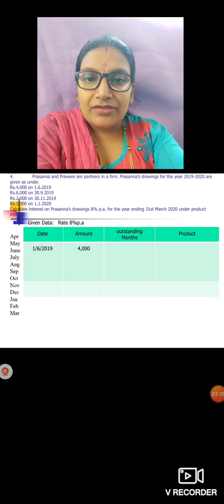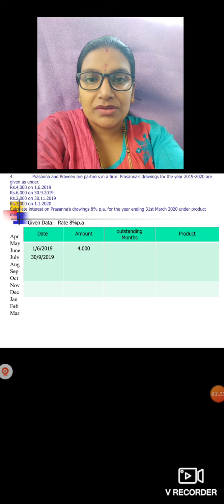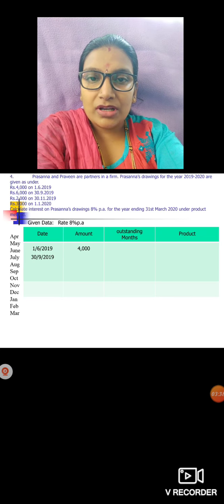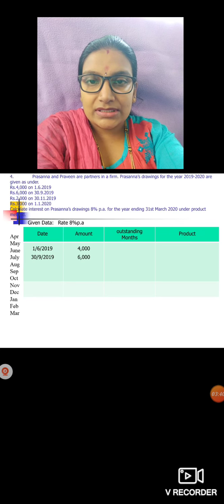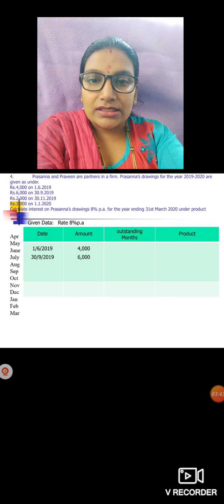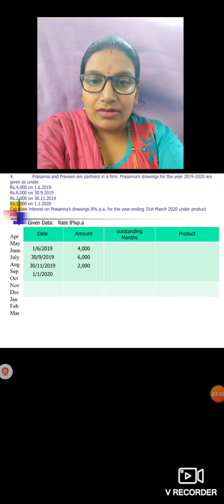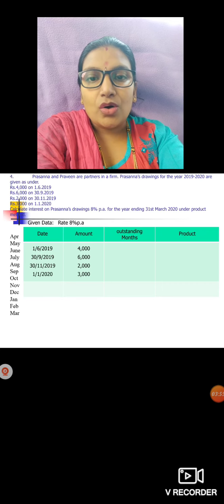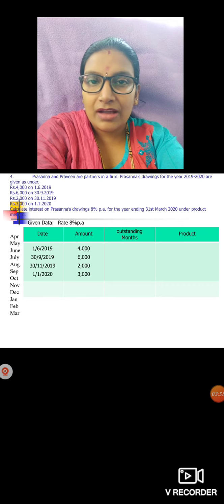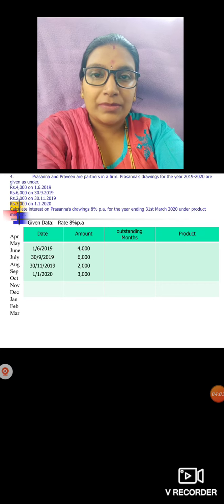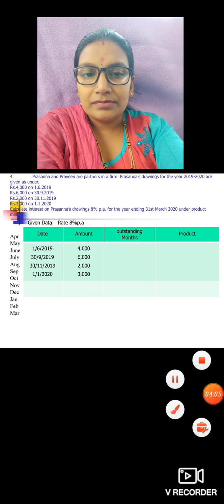Second withdrawal on 30/9/2019, rupees 6,000. Then on 30/11/2019, rupees 2,000. Then on 1/1/2020, rupees 3,000. Same as given in the problem, we have written the date and the amount withdrawn in the table.